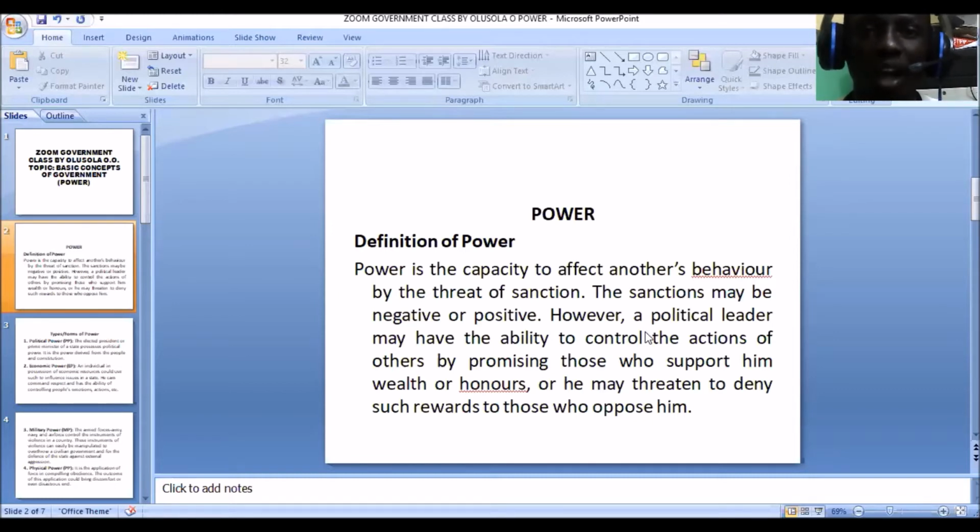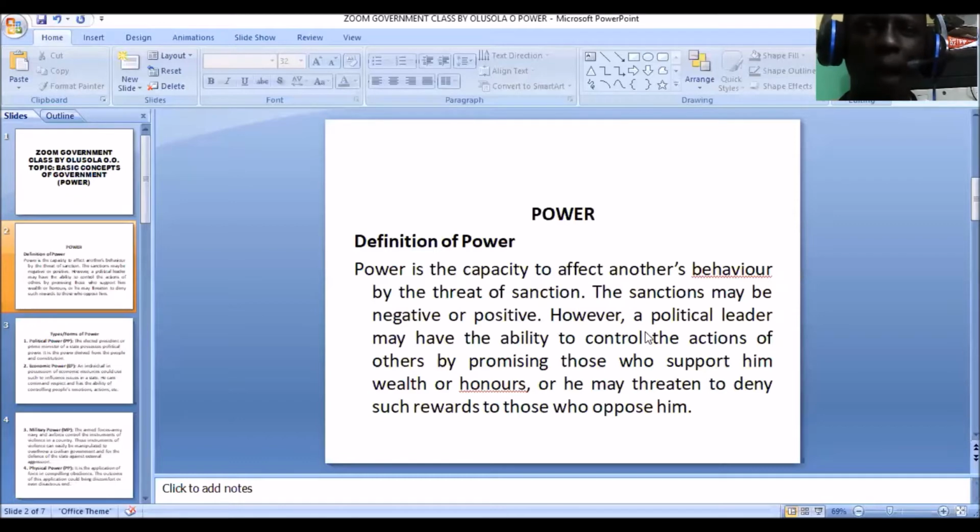That is ability or capability that somebody uses to influence another person's behavior, by threatening the person, by saying, if you don't do this, I will sanction you. If you don't do this, I will deal with you.